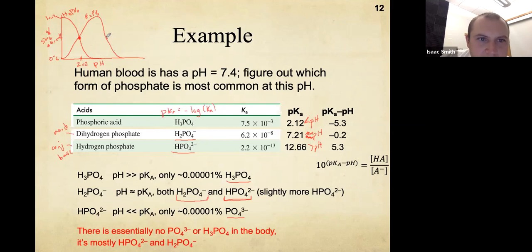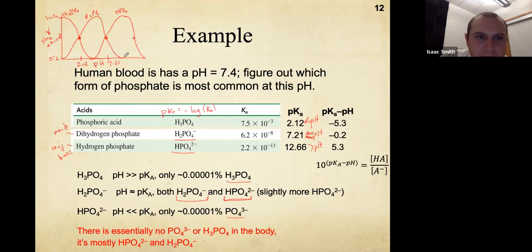And then the pKa of dihydrogen phosphate is about 7.21, right? Which tells me that the next one I want to draw in is the hydrogen phosphate. Okay. And at the pH of 7.1, we have equal amounts of dihydrogen phosphate and hydrogen phosphate.